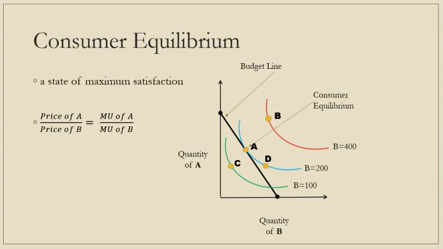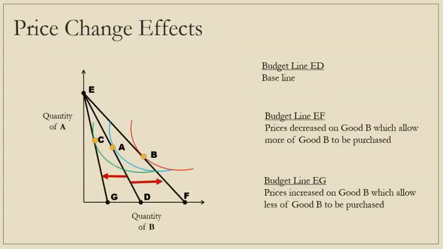So let's take a look to see what happens if a price changes on one of those goods. Let's just take a look at our original budget line, which is from E to D. So if our budget line moved to E to F, this shows that the price decreased on good B, which allowed us to purchase more of those goods.